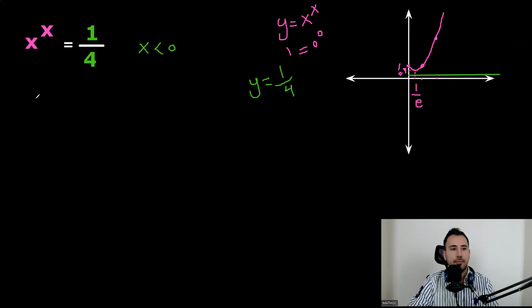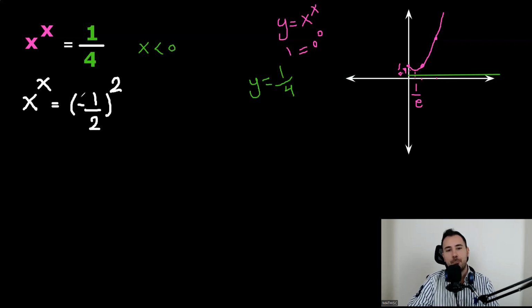So we're going to have x to the power of x equals negative 1 over 2 to the power of 2. Okay, are you waiting for the moment of magic?